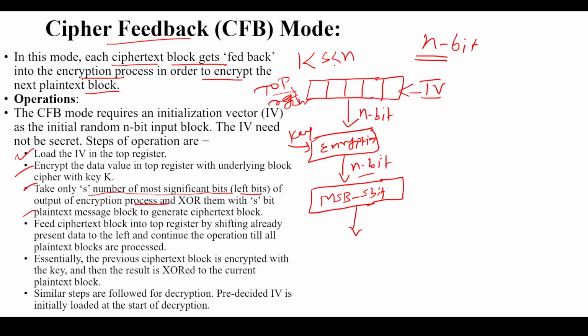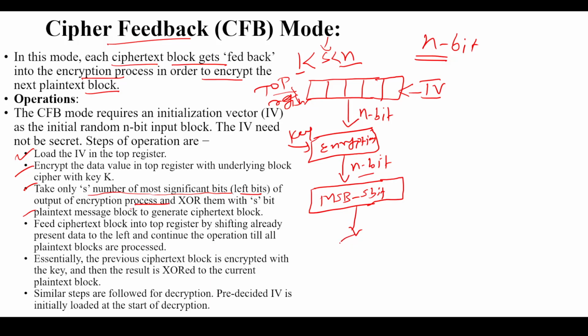So the size of s must be between 1 and n. Whatever n-bit value is initially added into the top register, the selected portion should be equivalent to the s bits. That is why in the third step we are selecting the most significant s bits, because the size of n bits and s bits will be dissimilar. For that purpose we are selecting the s bits.